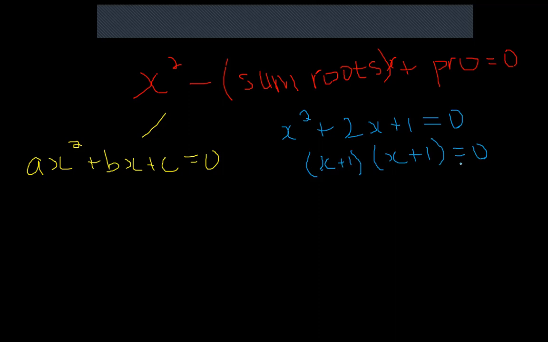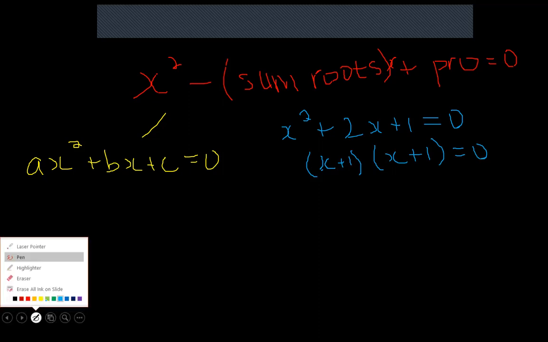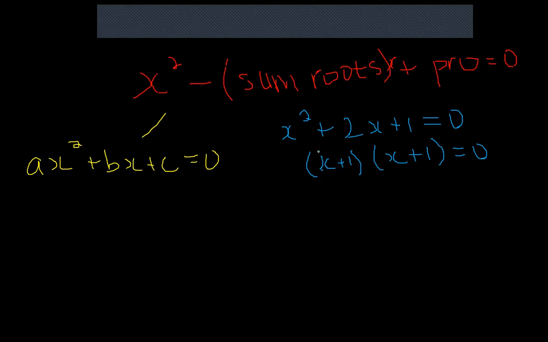When solving by factorization, when I was doing this with the class, we said we need to put each factor equal to 0 and solve for x. In this case, it makes no sense putting both of them equal to 0 because it's the same thing. I could just say x plus 1 is equal to 0. Therefore, x has to be equal to minus 1.